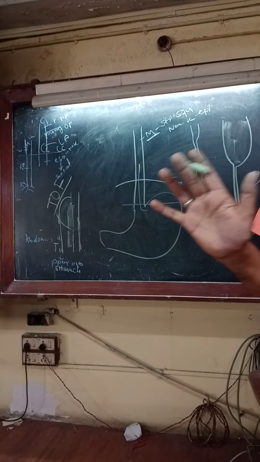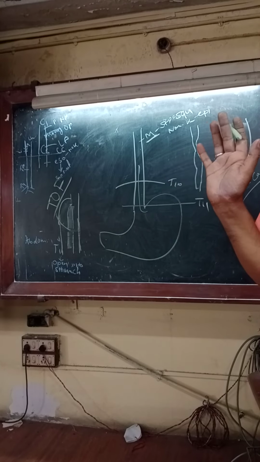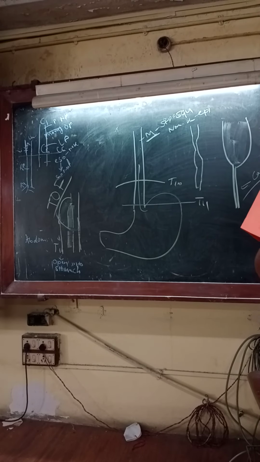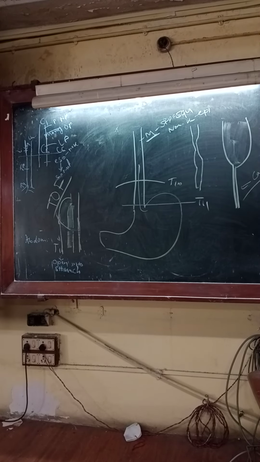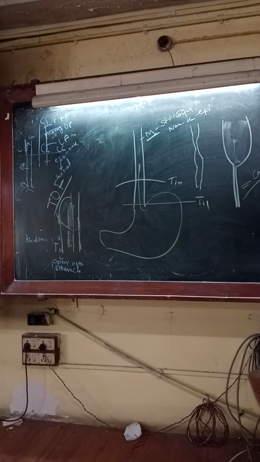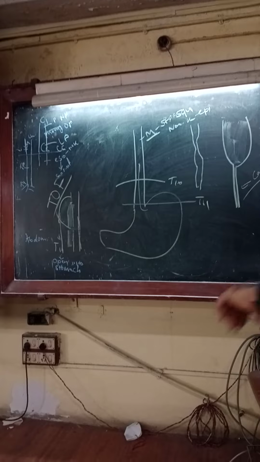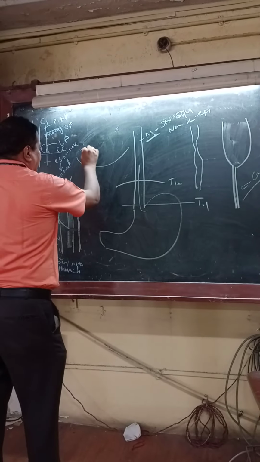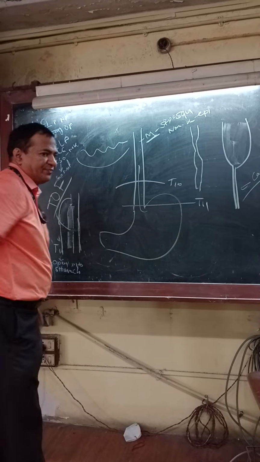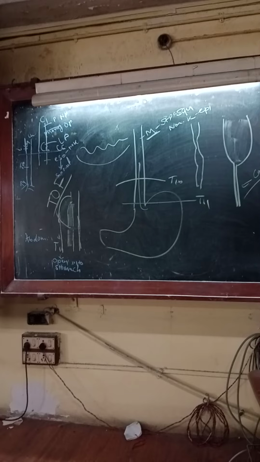Everywhere in the GI tract, the epithelium is columnar or simple. The esophagus is the only place where we find stratified epithelium, like skin, only non-keratinized, without keratin.